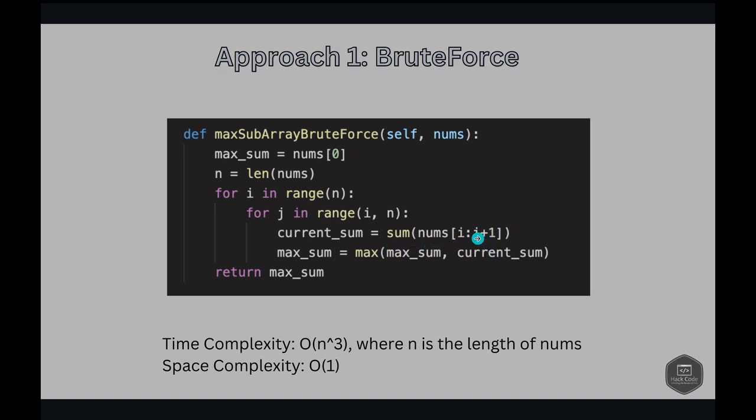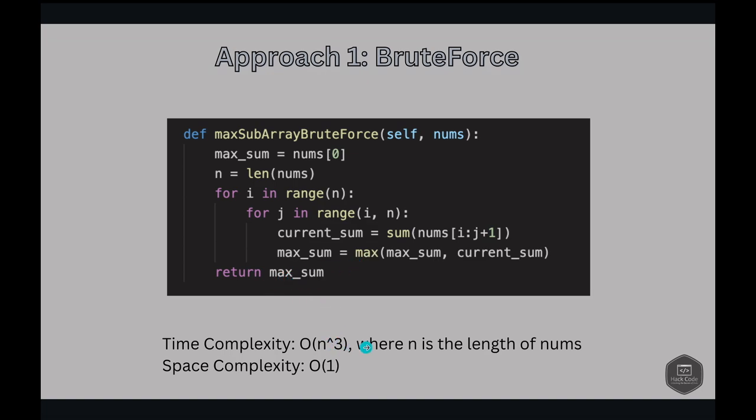We use j plus 1 because Python's slicing is exclusive of the last index, so the sum is included till nums of j. The max sum is then the max of max sum and the current sum. This is like taking the local maximum, just like greedy. At the end we return the max sum.